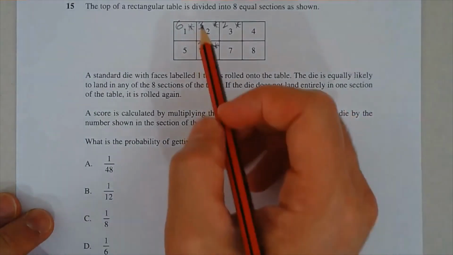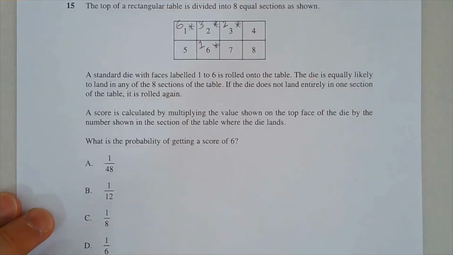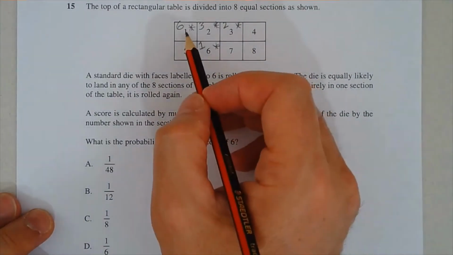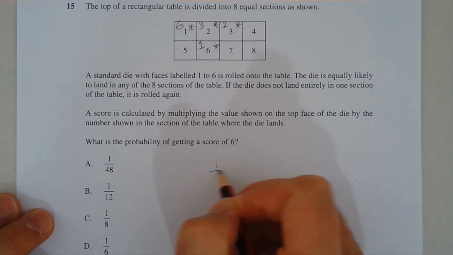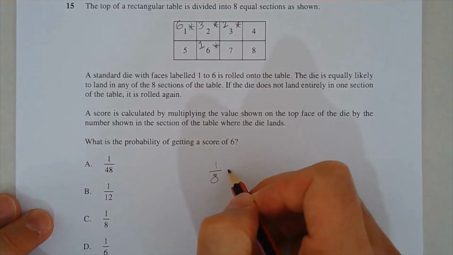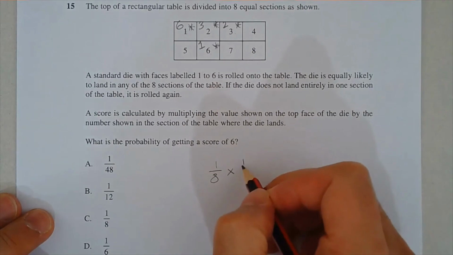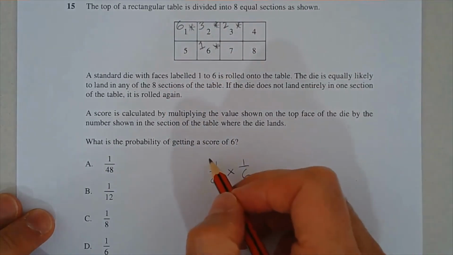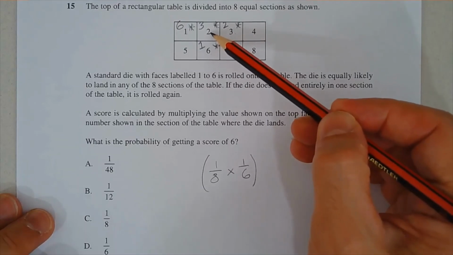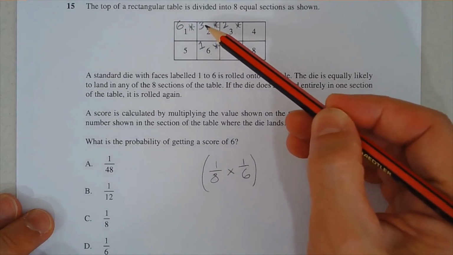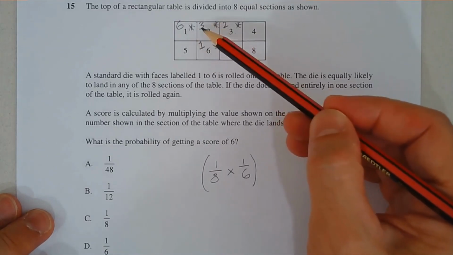Multiplying those two together, let's say the die lands on the first square. We have a 1 in 8 chance of landing there, times a 1 in 6 chance of rolling a 6. Now the same thing also occurs for square number 2. You have a 1 on 8 chance of landing there, multiplied by a 1 on 6 chance of rolling a 3.